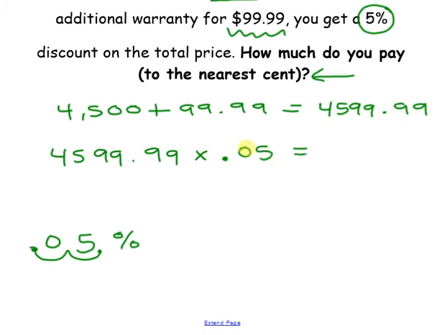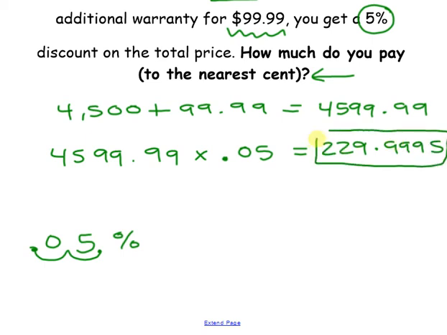Go ahead and calculate that now. All right, you should get 229.9995. Believe it or not, that is our discount. That's how much money off you're going to get.